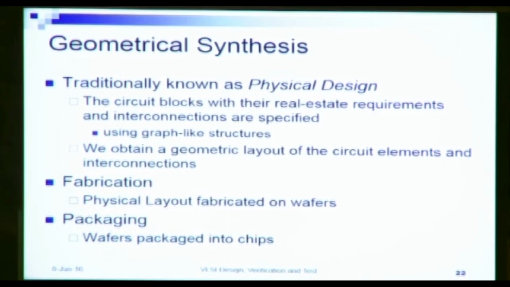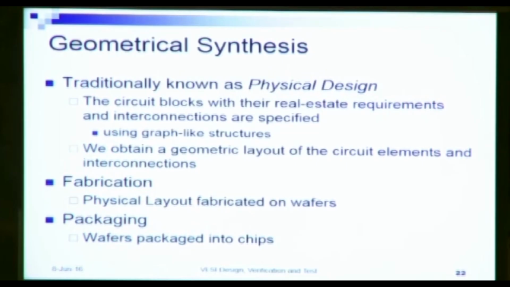So this netlist, as I said before, is a graph-like structure where each node is a component and the edges define connections between components. Edges or hyperedges define connections between components. So we obtain a geometrical layout of the circuit elements and interconnections. This graph-like structure is the input to the physical design step, and the output is what?